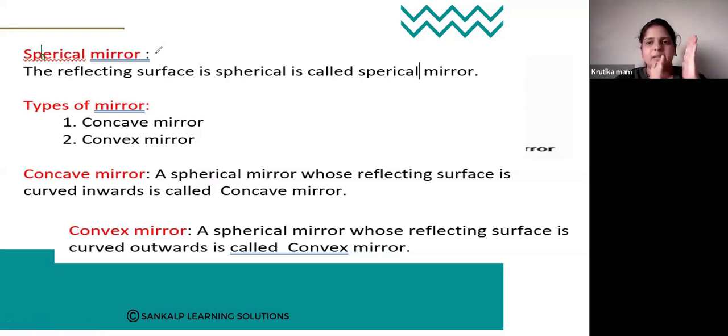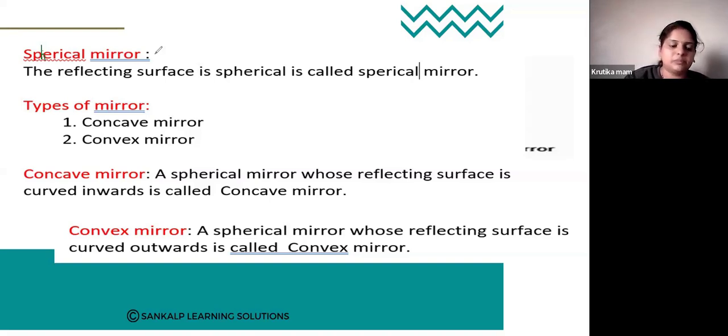So plane surface irutte, this is a plane mirror. If the mirror is curved, this is called what? Spherical mirror. So spherical mirror anna ನಾವು ಯಾವ ರೀತಿಯಾಗಿ ಡಿಫೈನ್ ಮಾಡಬಹುದು? A part of the reflecting surface which is in the spherical shape is called the spherical mirror.